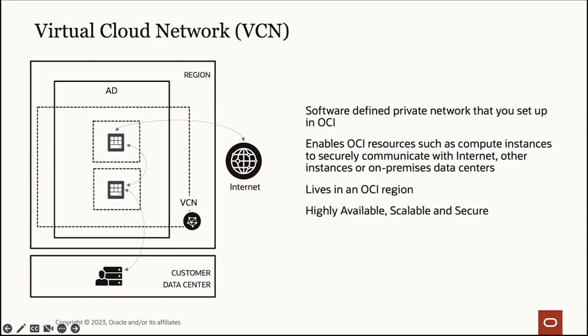And then within a VCN, you also have subdivisions, and we call this subnets. Each VCN is going to have many different components that will directly affect the behavior of the network, things like route tables and security lists, which we'll go over in a couple of slides.